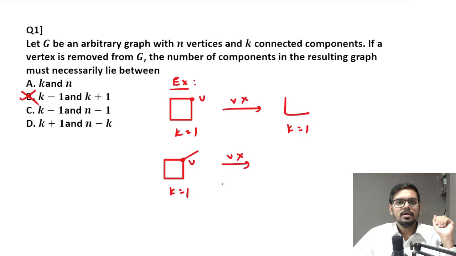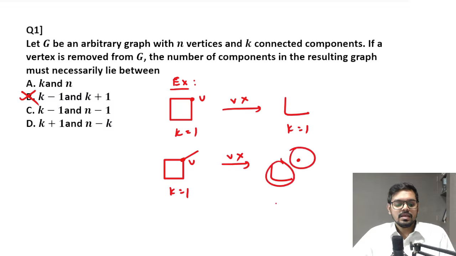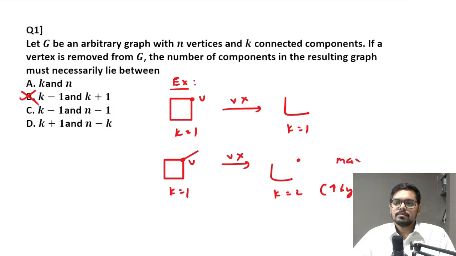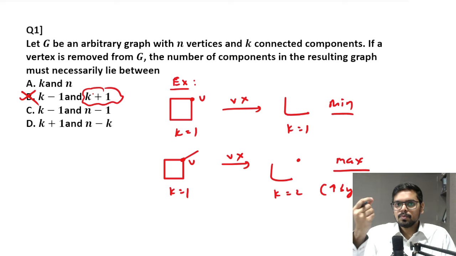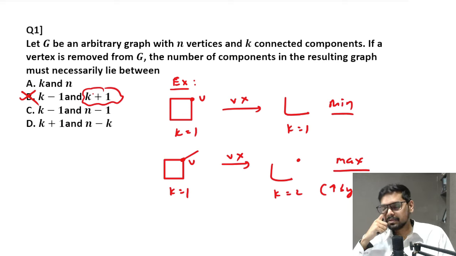Now remove V. Sir, the number of connected components increased by 1. See here, k is equal to 2. Yes, increased by 1. So the maximum is increased by 1, the minimum is like this, and they say yes, the maximum increased by 1. Earlier it was k, now it is k plus 1. If you remove a vertex, this is the maximum. This is what they are thinking. This is their thought process.